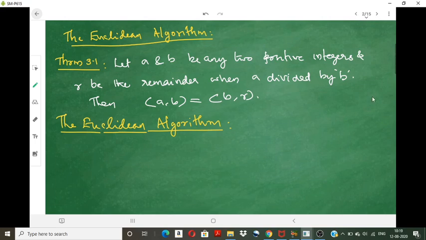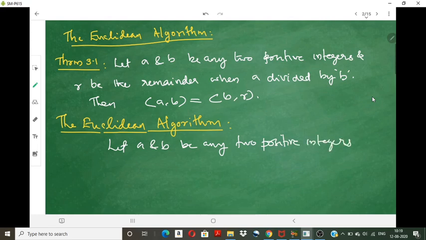Okay, let's move to the algorithm. Let a and b be any two positive integers with a greater than or equal to b. That means either a equals b or a is strictly greater than b.